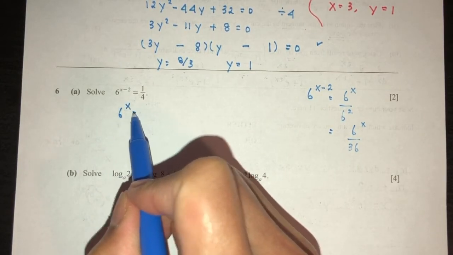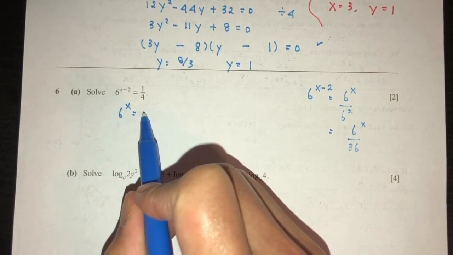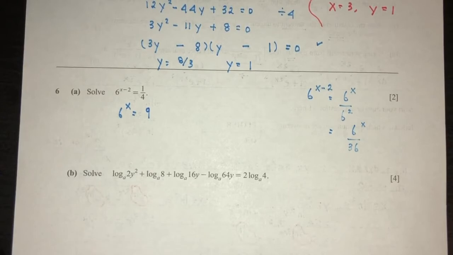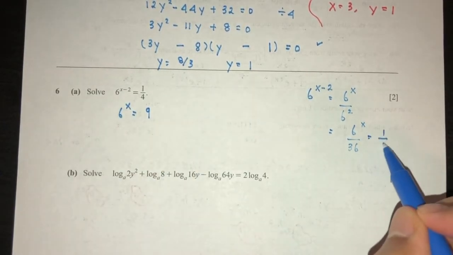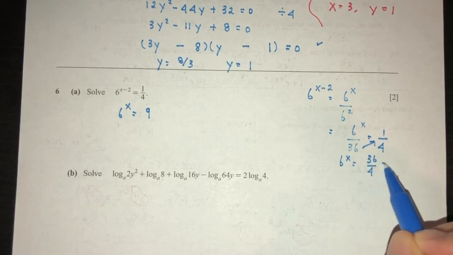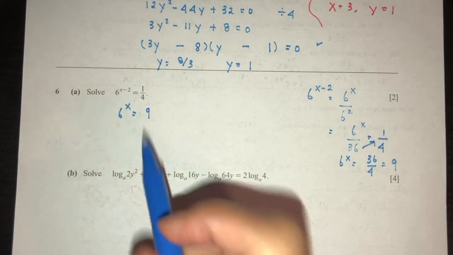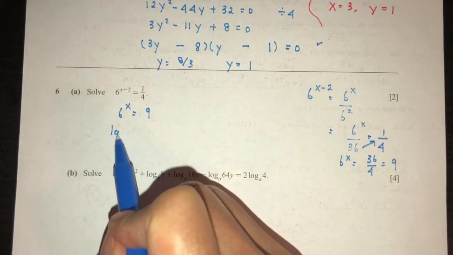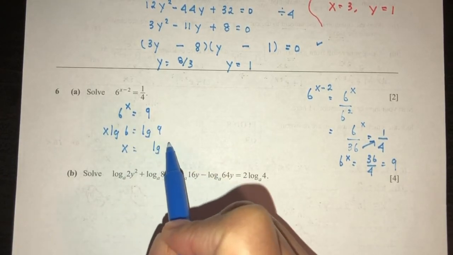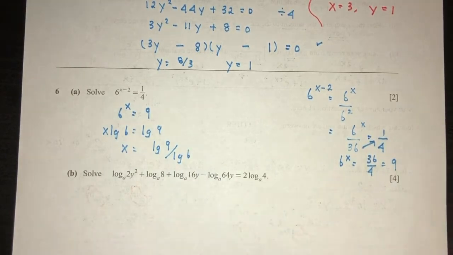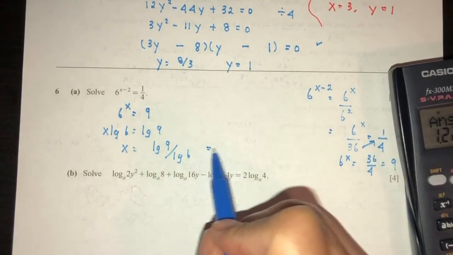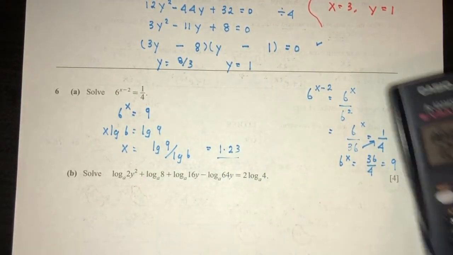Here you will have the value of 36 over 4, which will become 9. Now to find the value of x, we can take log on both sides. x will be log of 9 divided by log of 6. That will be 1.23. That's your value of x.